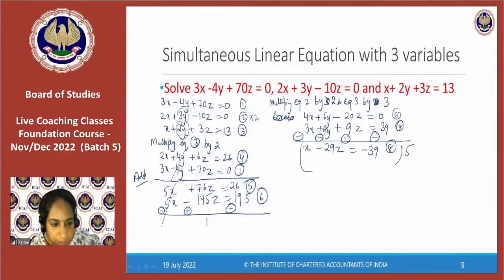I get 6 plus 5, 11, 12, 221z is equal to, this is subtracted, 15 minus 6 is 9, 8 minus 2 is 6. Okay. So minus 169. So z is equal to minus 169 by 221.